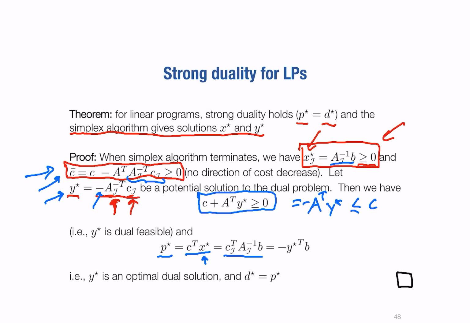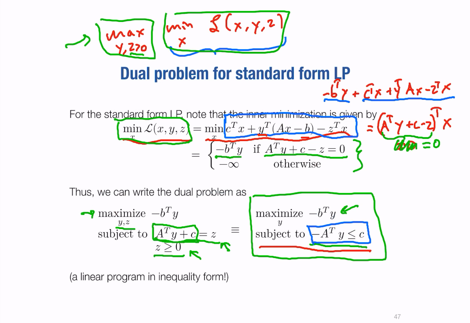That comes just from how we compute the solution x star. And now this term here is just equal to negative y. So this equals negative y star transpose b, which is exactly the objective of our dual problem. This thing is just equal to d star. Again, remember, this was our dual objective.